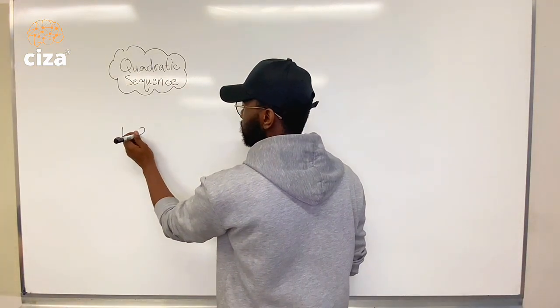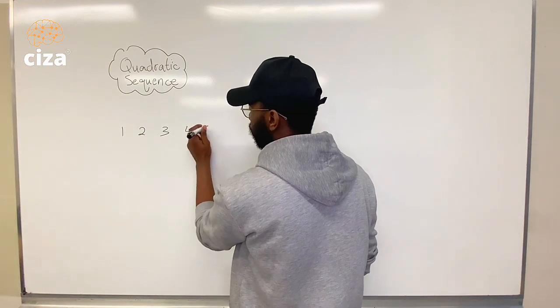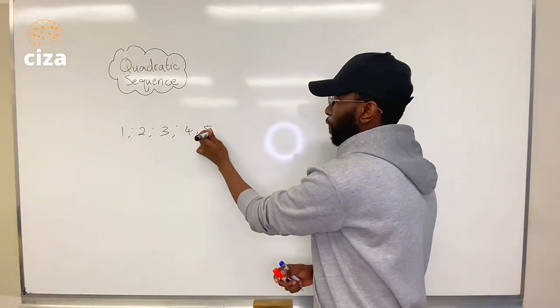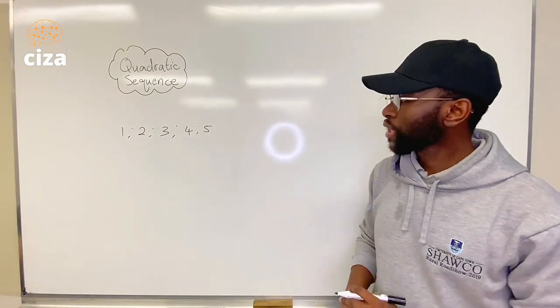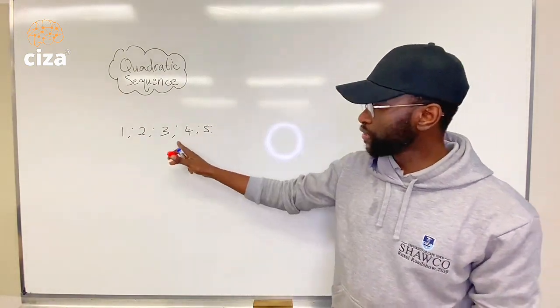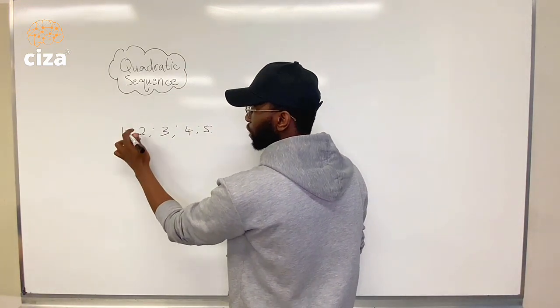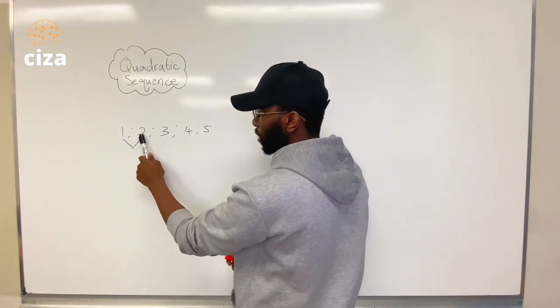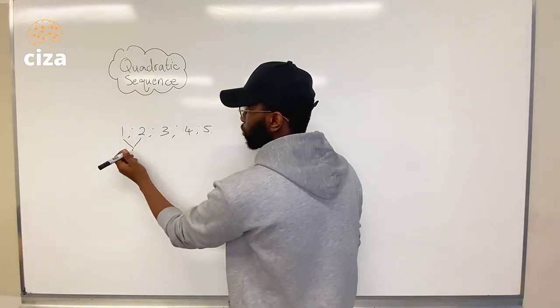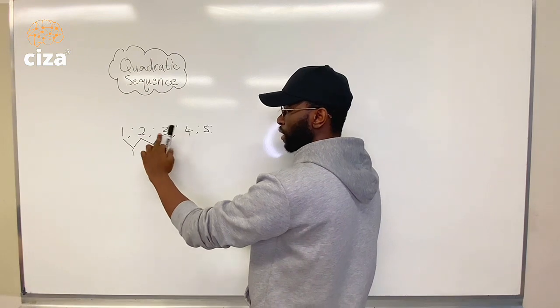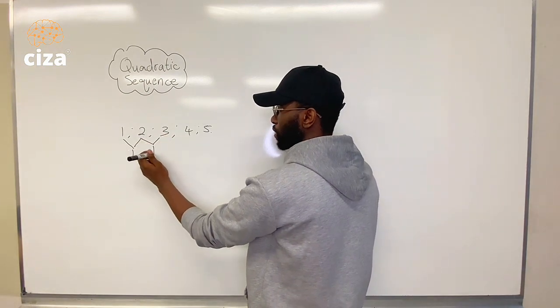If we have 1, 2, 3, 4, and 5 as the terms of our sequence, to find the difference between these terms, we subtract the previous term from the following term, which will give us 1. Now 3 minus 2, following term minus the previous term, gives you 1.